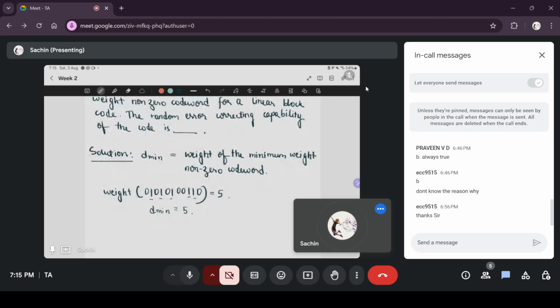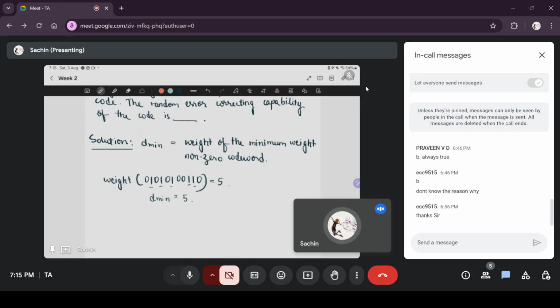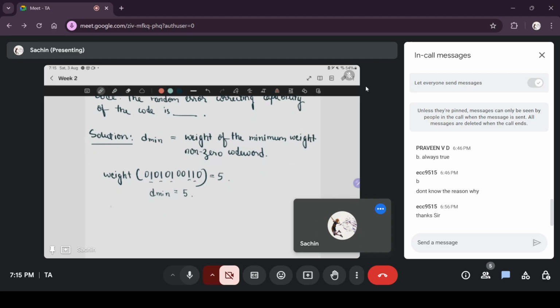In the previous question I told you the random error correcting capability of a linear block code: that is the floor of (d min minus 1) over 2.